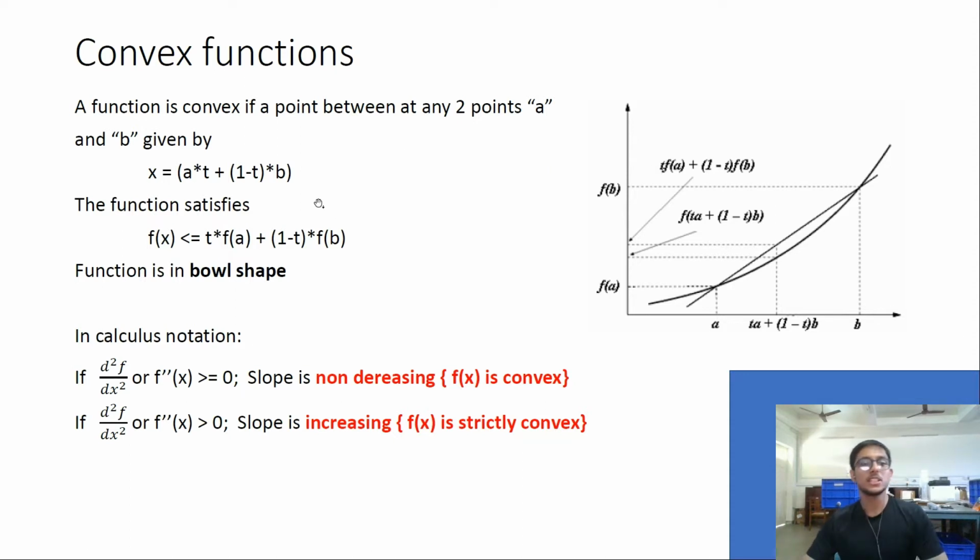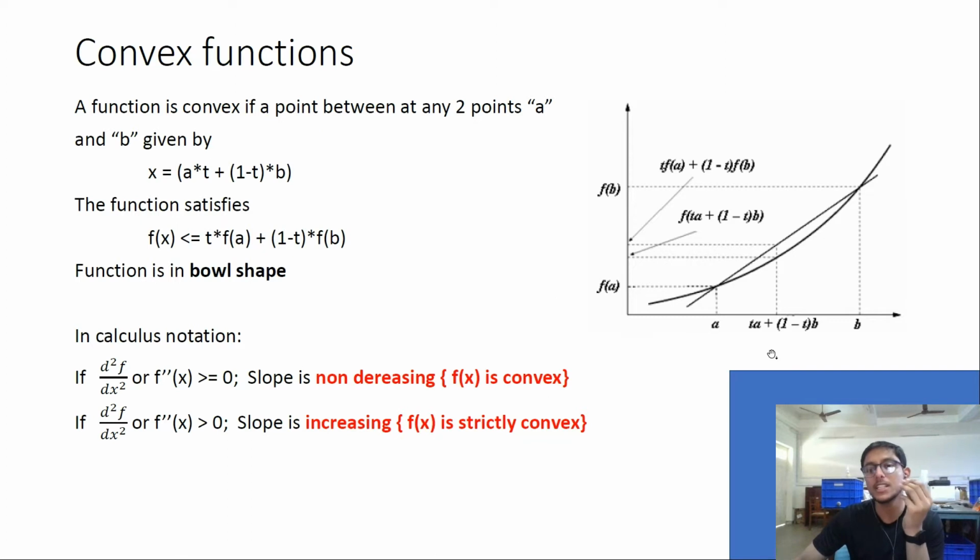So t is just from 0 to 1, some number. I forgot to write that here. So x is equal to A into t plus 1 minus t into B. If t is 0, then what is x? Yes, and if t is 1, then what is x?